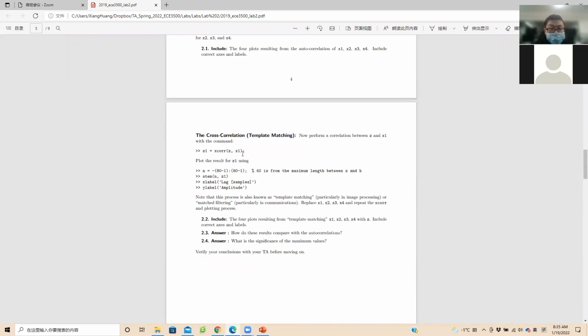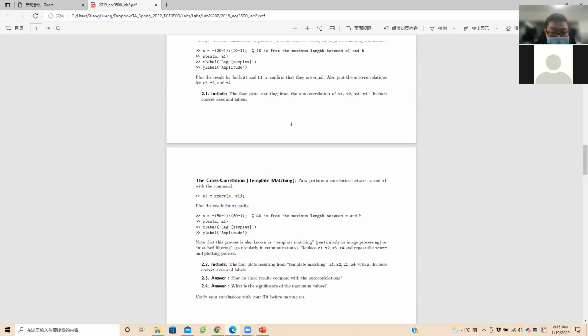For the cross correlation, you can see this xcorr is the built-in function, which helps us find the correlation between two signals. If this Z is replaced by X1, then the output is the autocorrelation.